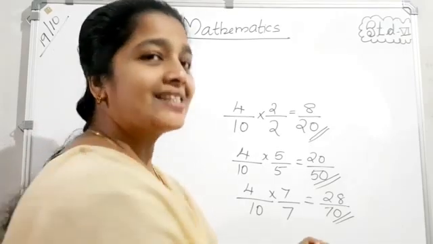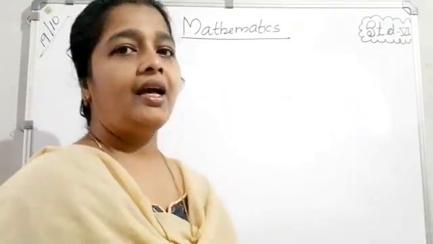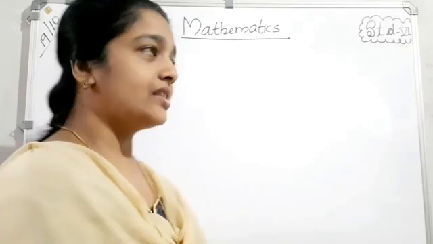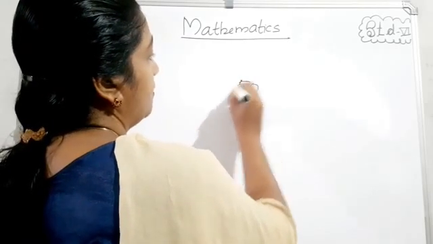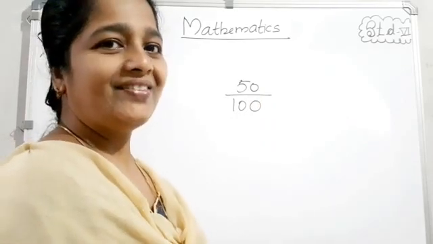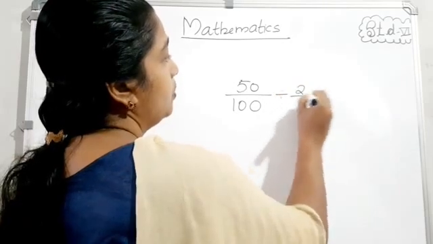Yes. So next, we can divide, and then we get the equivalent fraction. So we can check it. Listen. Example, 50 by 100. First, the common factor is 2, so we can divide by 2 by 2.